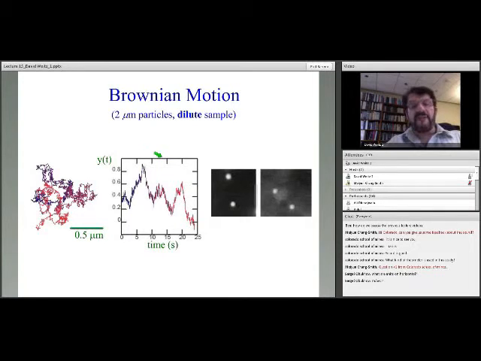Because what you're really doing with the Rayleigh criterion is trying to resolve the spatial separation between two diffraction images. If you only have a single particle, which is the case, for example, in these two images, then you're sure that you only have one particle. You don't have to resolve it from another particle. You only have to find the center of that particle.